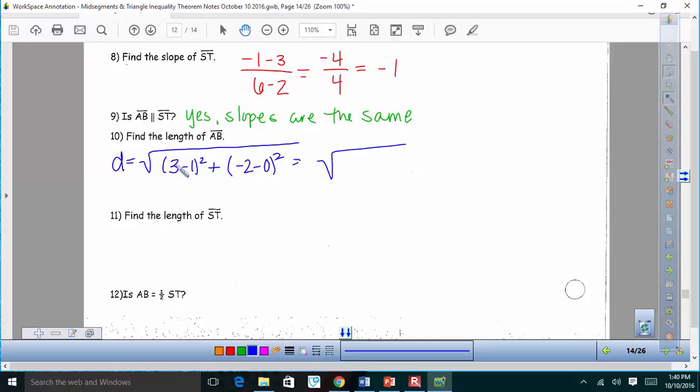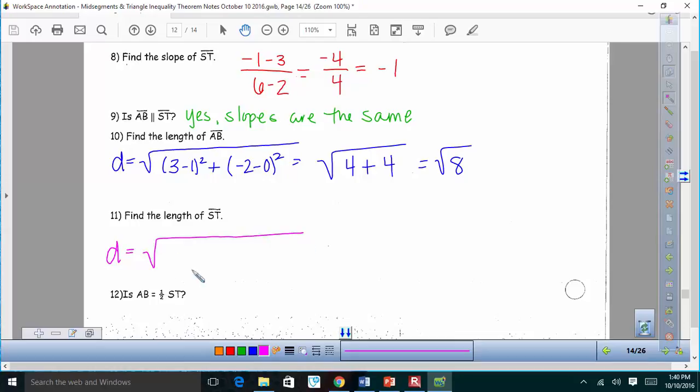So that's going to give me 3 minus 1 is 2, 2 squared is 4, plus negative 2 minus 0 is negative 2, negative 2 squared is 4. So this would be square root of 8. Then we would want to do the same and find the distance from S to T.